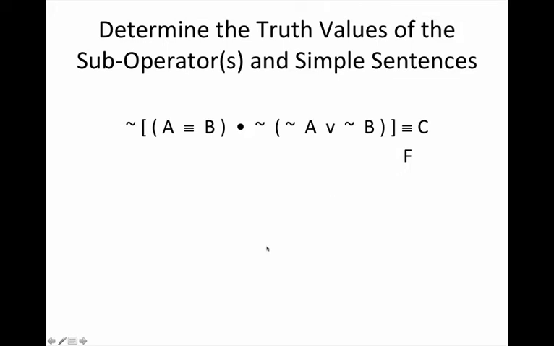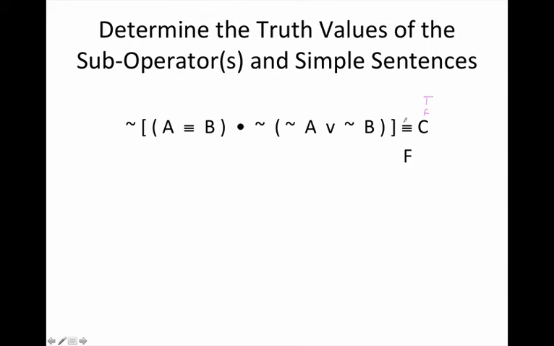All right, so now we have a very similar sentence. The main operator here is the triple bar. We're told that it's false, and there are two ways it could be false, right? C could be true, C could be false. Since we don't know, we could just pick a value and determine what we get.